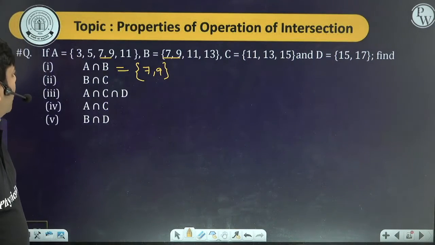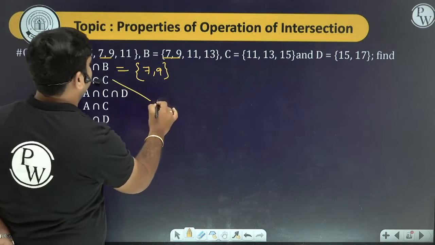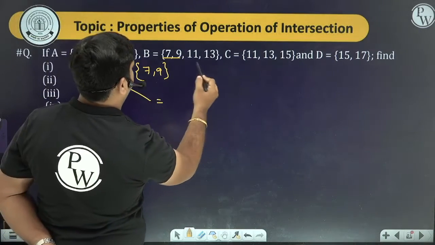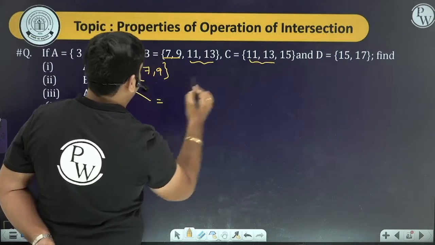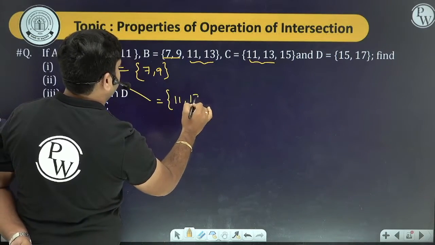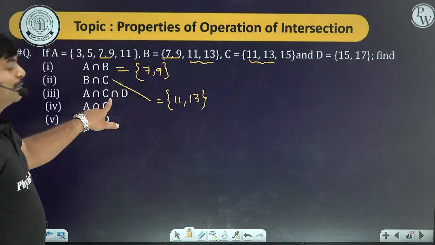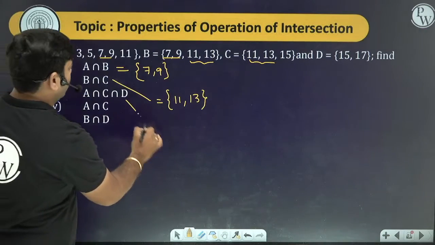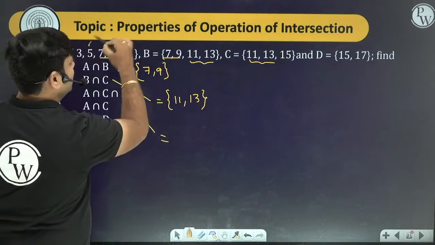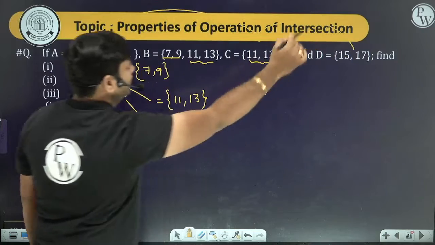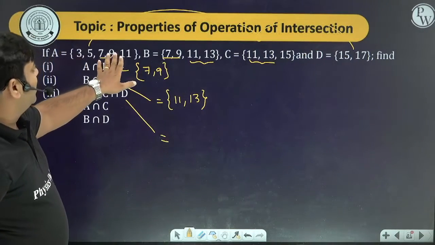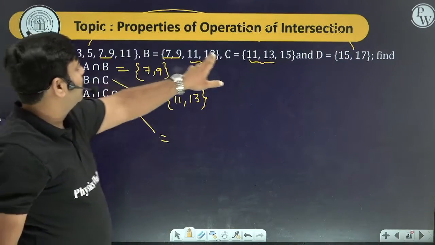Correct? B intersection C. What are common? 11, 13 are common for both of them. A intersection C intersection D. What are all the common elements between A, C, and D? 3, 5, 7, 9, 11. 11, 13, 15.